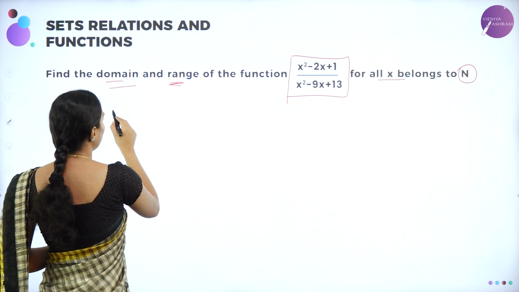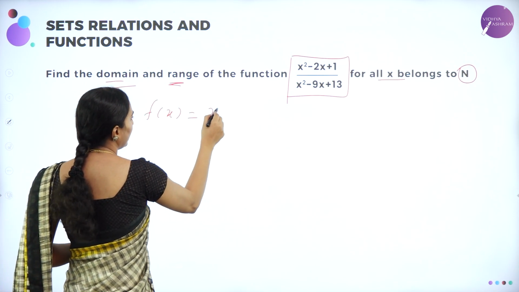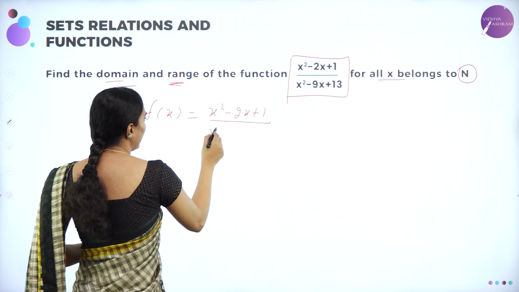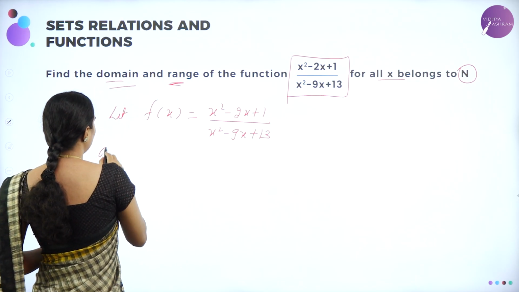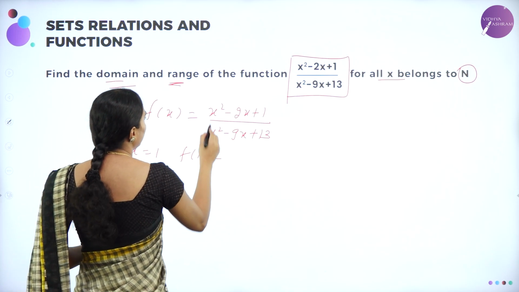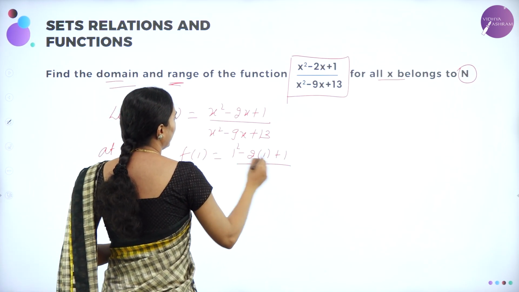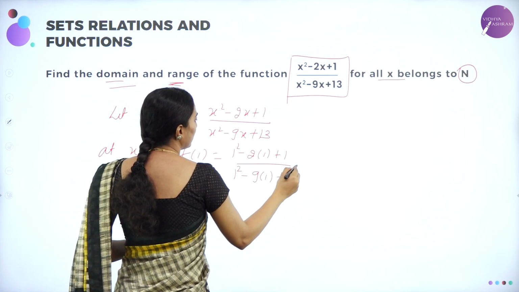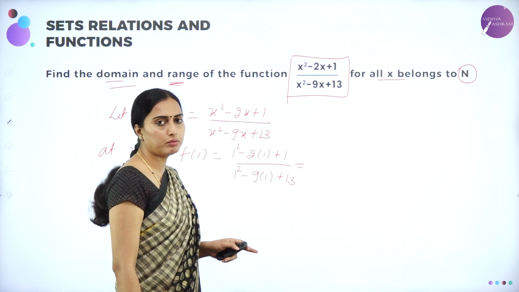So let f of x is equals to x squared minus 2x plus 1 divided by x squared minus 9x plus 13. Putting x equal to 1, what happens? f of 1 will be giving you 1 squared minus 2 into 1 plus 1 divided by 1 squared minus 9 into 1 plus 13, which will be 1 squared is 1 minus 2. 1 minus 2 is nothing but minus 1.